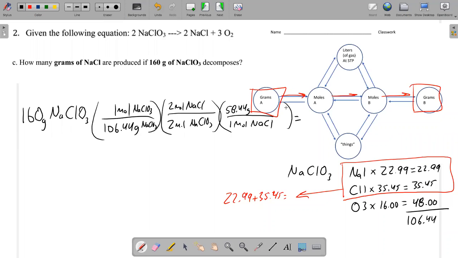So we go 160 divided by 106.44. Here, because you're going to multiply and divide by 2, you don't really have to type anything, but then times 58.44. That gives 87.85.